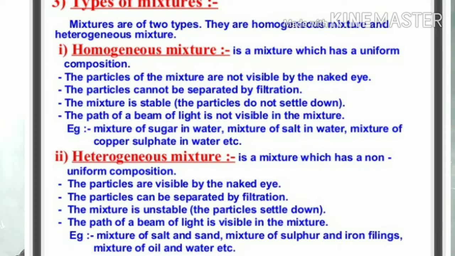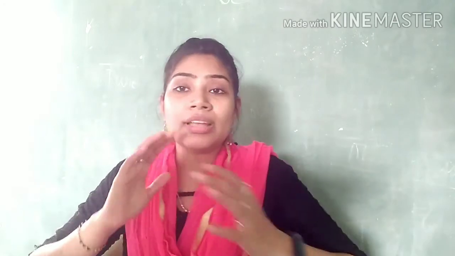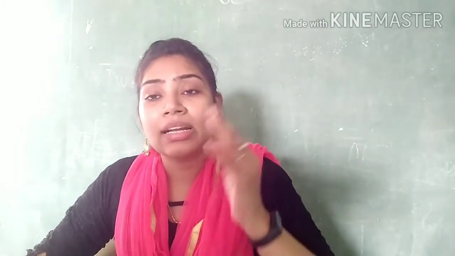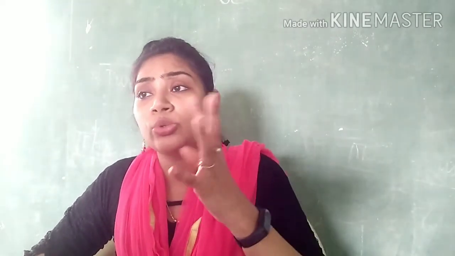When a beam of light is passed through it, the path of light is visible in the mixture. Examples: mixture of salt and sand, mixture of sulfur and iron filings, and mixture of oil and water are the examples of heterogeneous mixture.